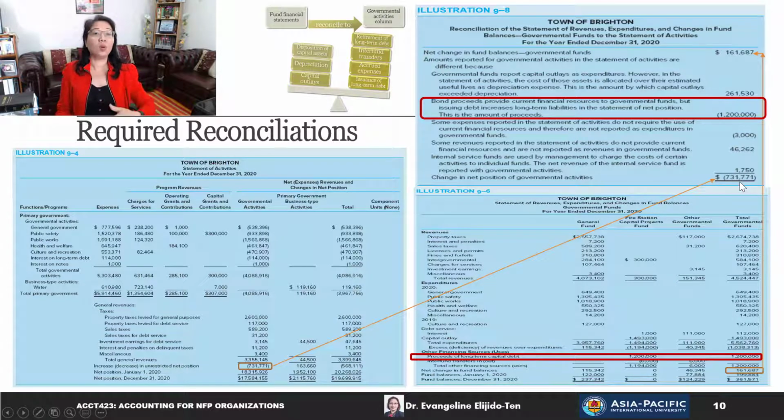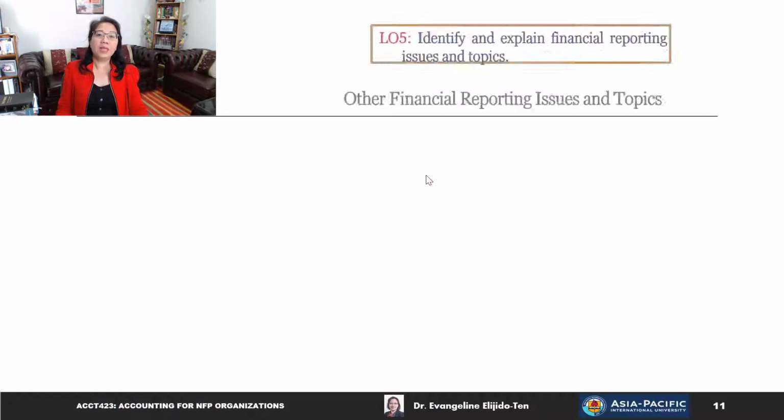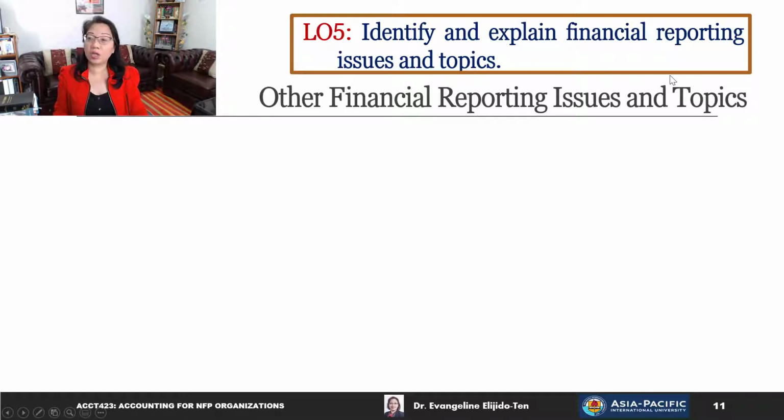So once we have done all these reconciling items, we will be able to get to the figure as shown in the government-wide statement of activities. What we're highlighting here obviously are the main reconciling items so that we know the point of differences between the two financial statements.